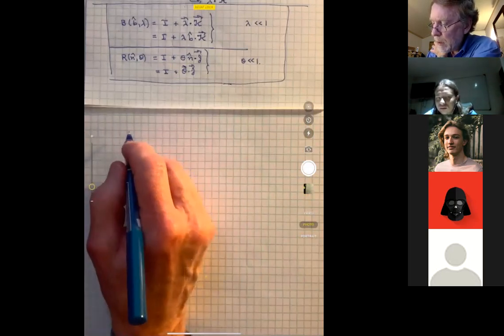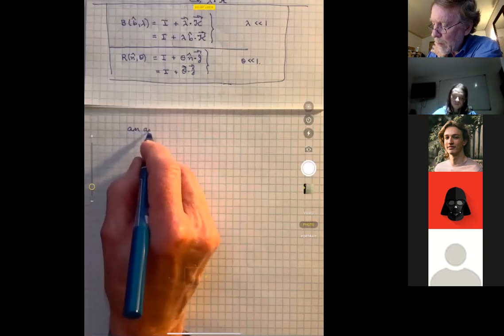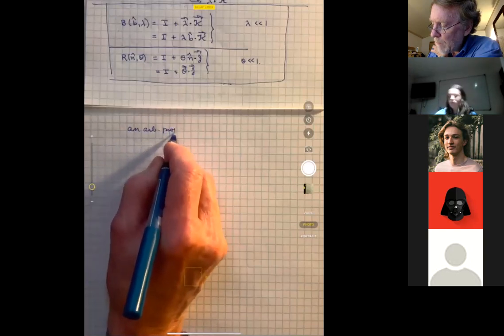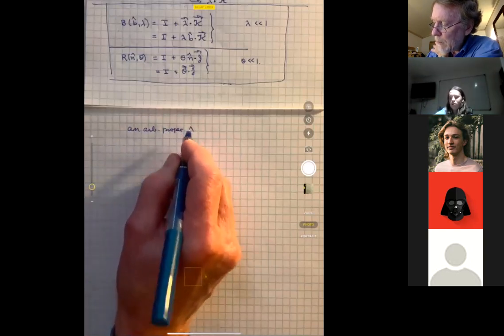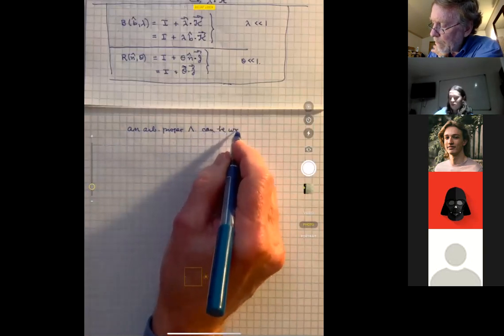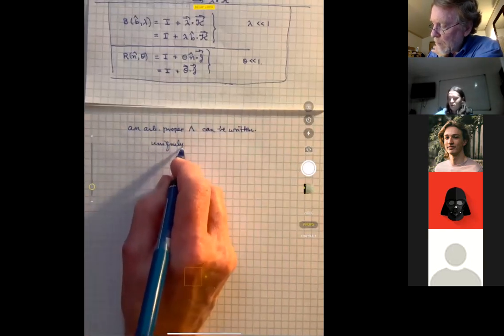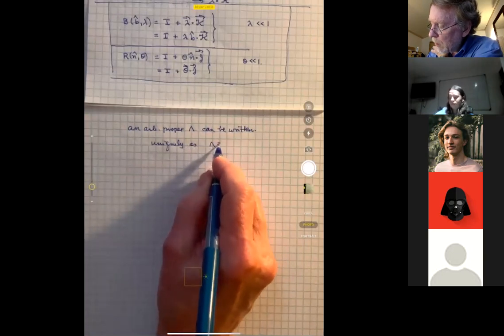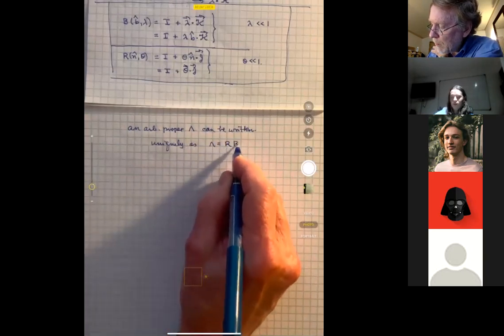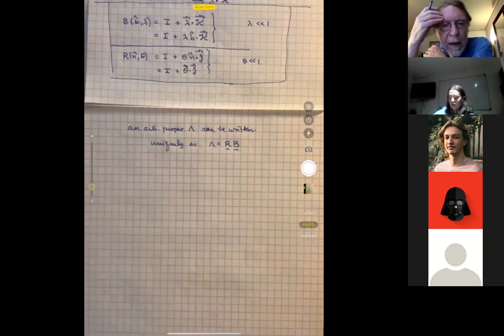The theorem says that an arbitrary proper Lorentz transformation can be written uniquely as lambda equals r times b, where r is a pure rotation and b is a boost. It's possible to take any proper Lorentz transformation and uniquely factor it into a pure rotation and a pure boost.